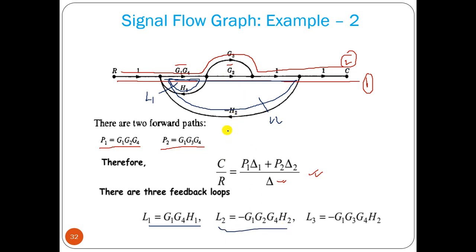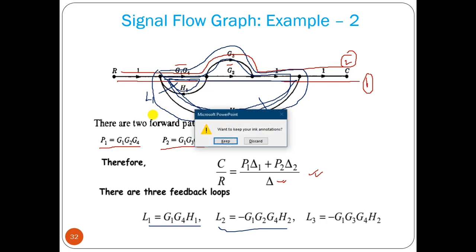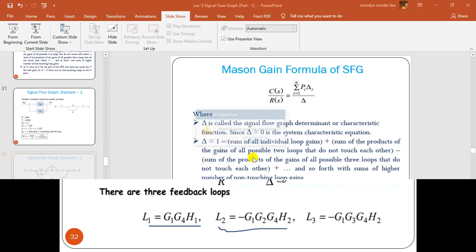Now we can see that we can have another, bigger loop, starting from this node, going through this direction, and coming back to this point. Let me discard all this line so that we can see it appropriately.